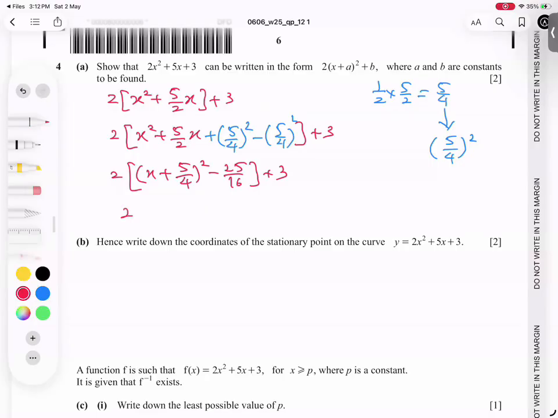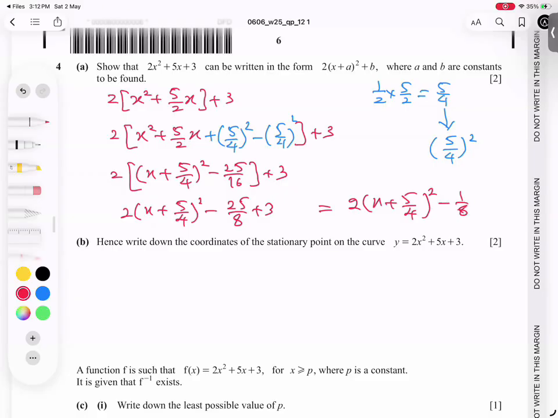So I'm getting 2 times 2x plus 5 over this one, 25 over 8, and 3 is 24. Negative 25 plus 24 is giving negative 1. So finally we get x plus 5 by 4, whole square, and negative 1 over 8.